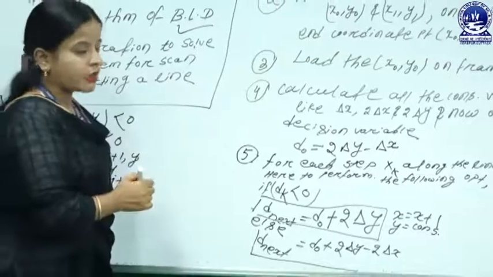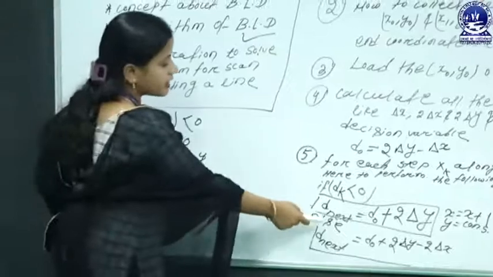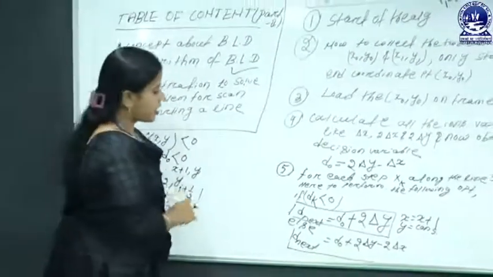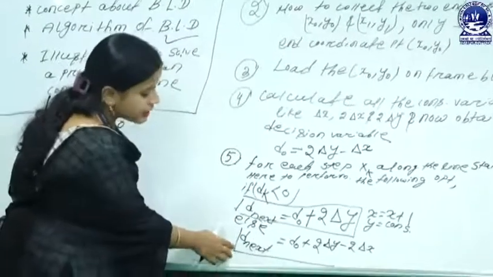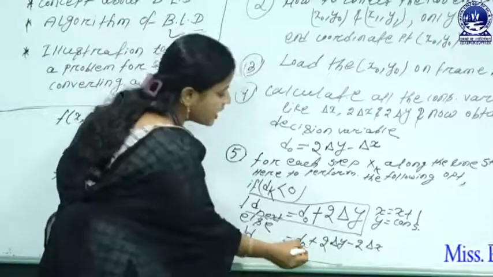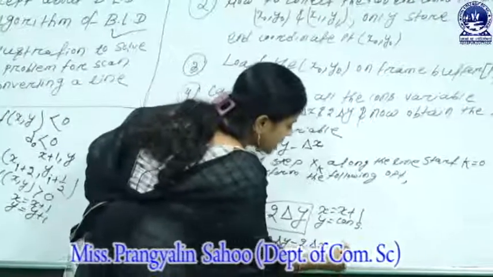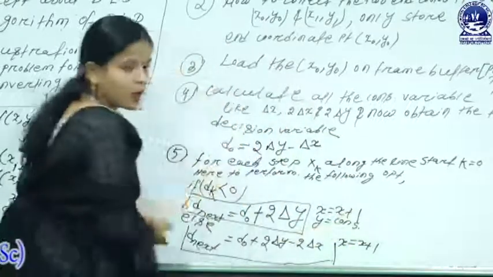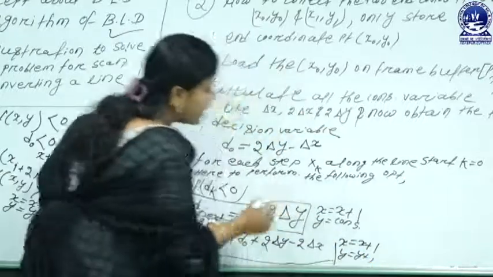So if you have any doubt about how the decision variable value is found, please check the first part. When the condition is false, the decision variable is generated by this formula, and the pixel point is generated with both the x coordinate and the y coordinate incremented by 1 unit.